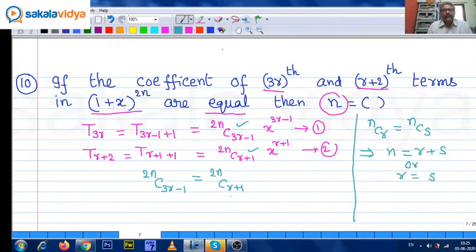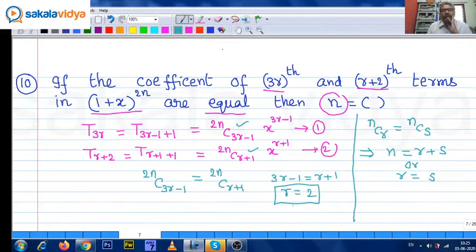So here you can write 3r minus 1 equals to r plus 1. This is r equals to 2. I did not give the options.